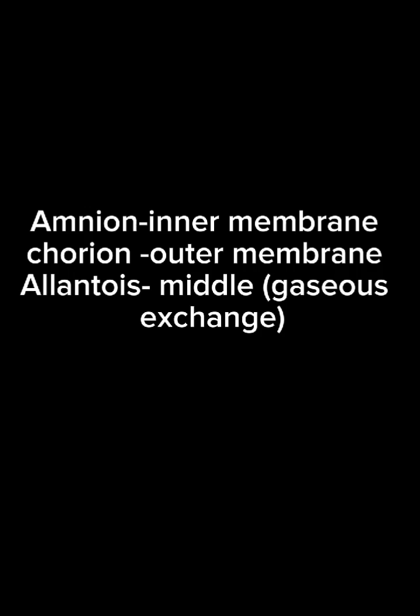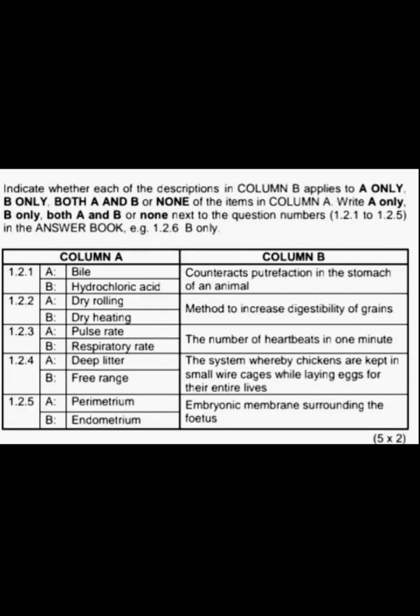So let us look at our column A. Are they in here? No. We have perimetrium and endometrium. What are those? That means the answer here is none, but let us find out what those are. They are found in the uterus and form the layers of the uterus. Perimetrium is the outermost layer of the uterus, which reduces friction and allows smooth movement.